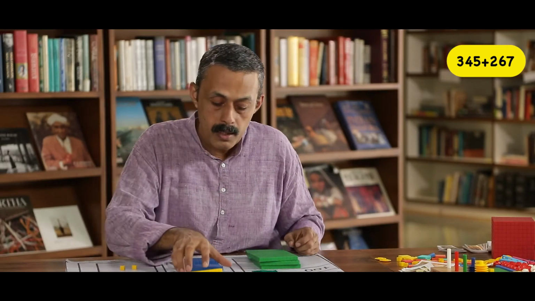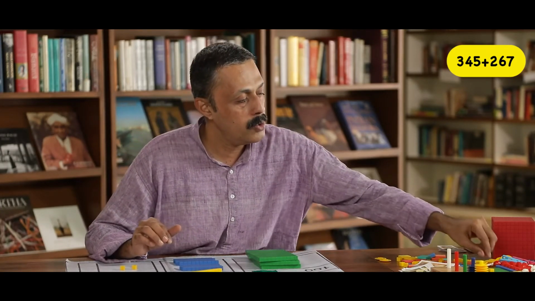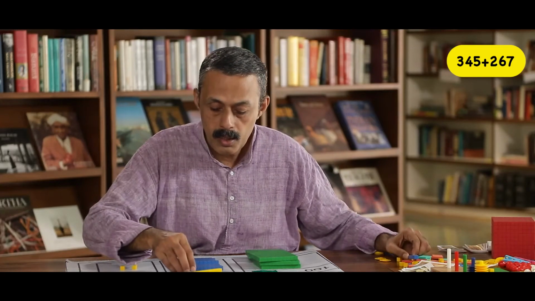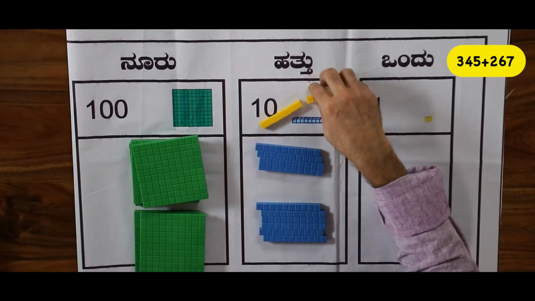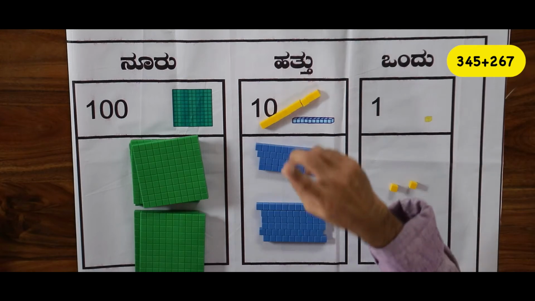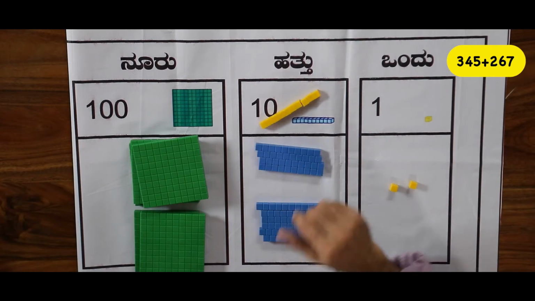This is like giving the 10 to the bank. You remember playing the bank game, right? While playing this game of addition, we will have to make a bank. If you give these 10 yellow cubes to the bank, you will get 1 blue rod in return.